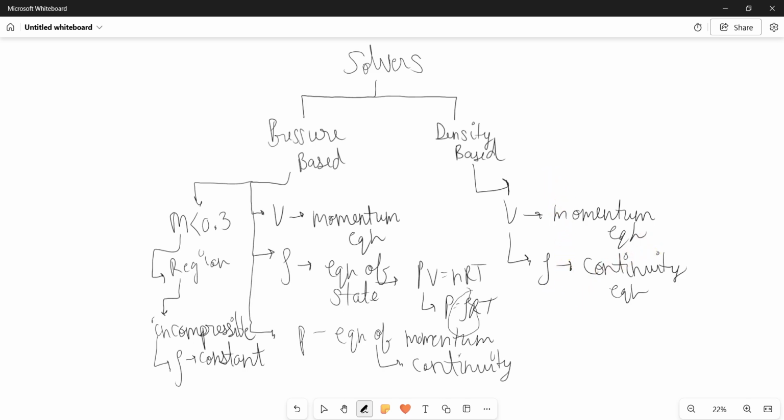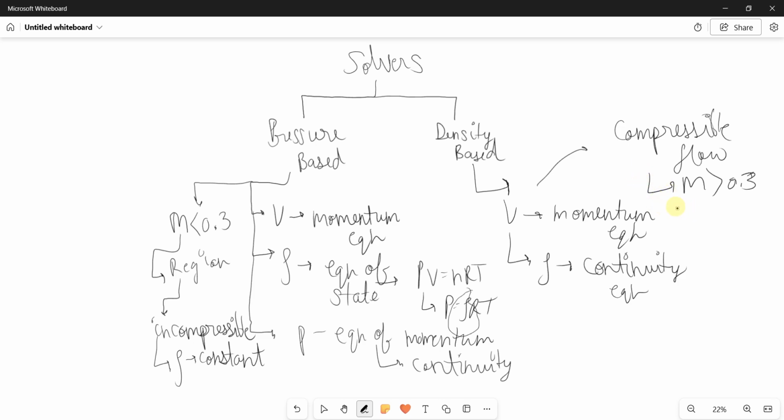But if you are going to compressible flows, generally you take it as Mach greater than 0.3. M here refers to your Mach number, that is the velocity of the object divided by the speed of sound in the material that your fluid is passing through.